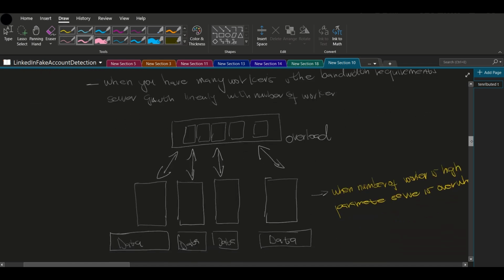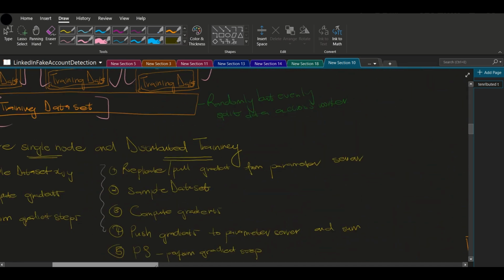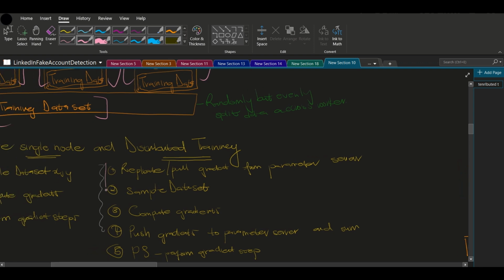But by on and on, I mean you can think of these steps as a for loop. We first replicate and pull the weights from the parameter server, right? We sample the data set across all of these worker nodes. Then these worker nodes compute the gradients. Then we push those gradients to the parameter server to sum and aggregate.